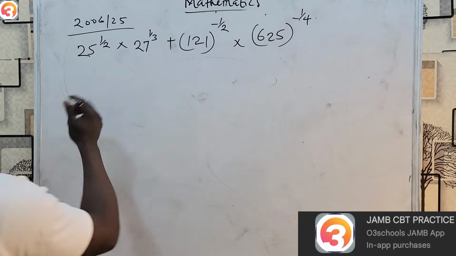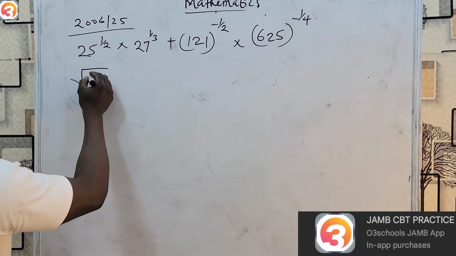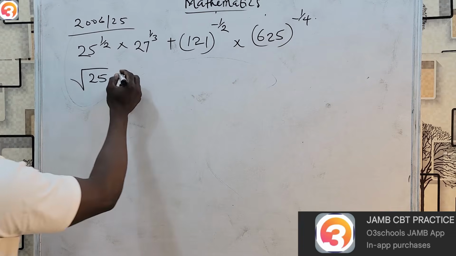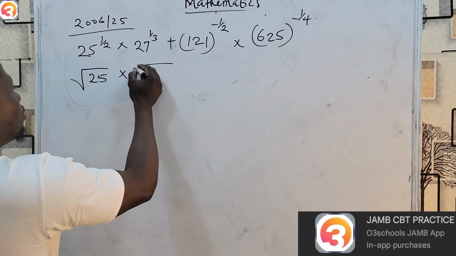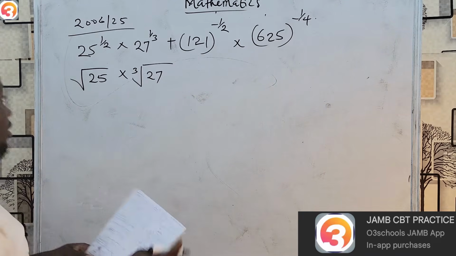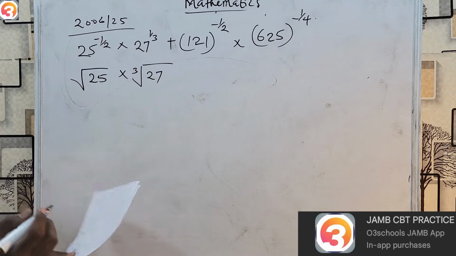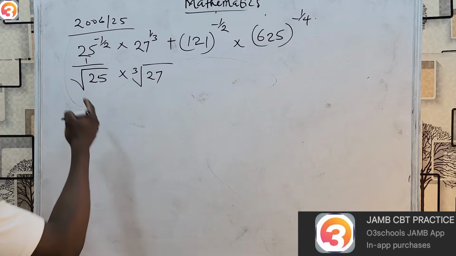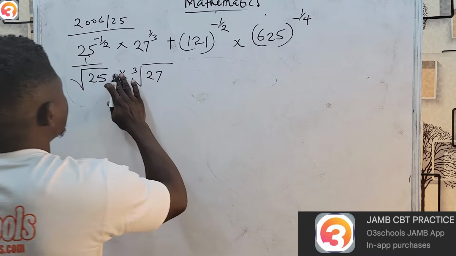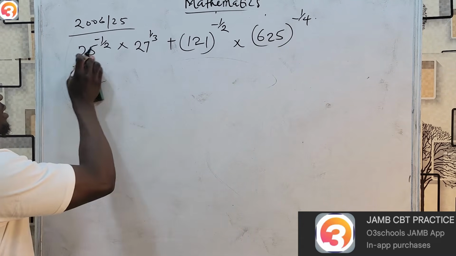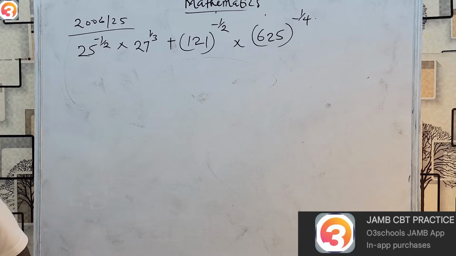Let's hit the road. Of course, I'm going to have the square root of 25, right? Then times the third root of 27. Let me check with this. There's a minus here, because without that minus, our answer will be wrong. So I'm going to have 1 over this. Let me clean this so that we can have it in one line and not get confused.